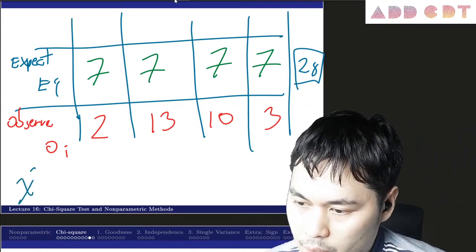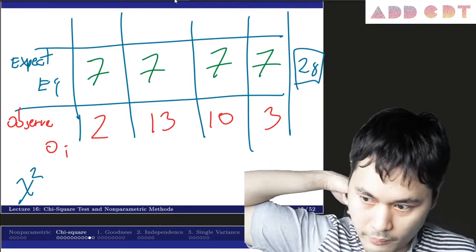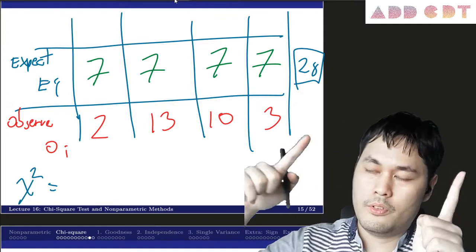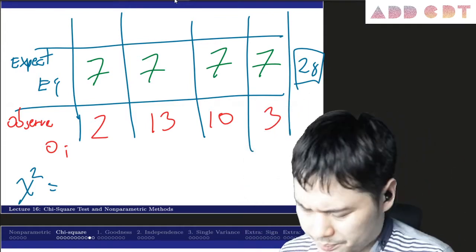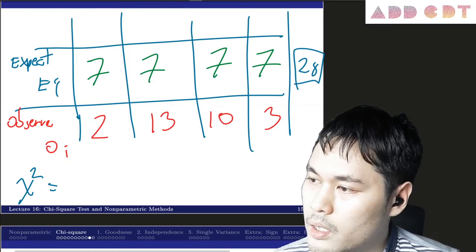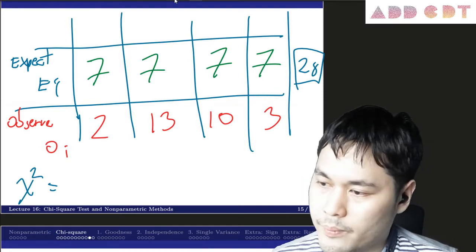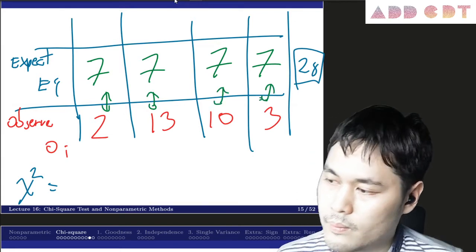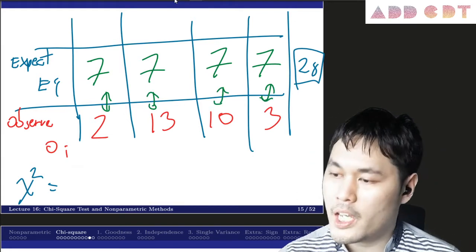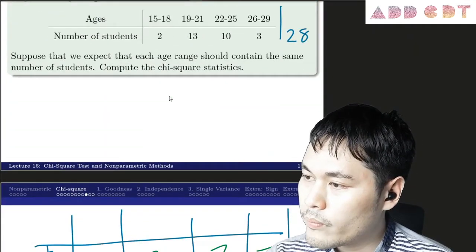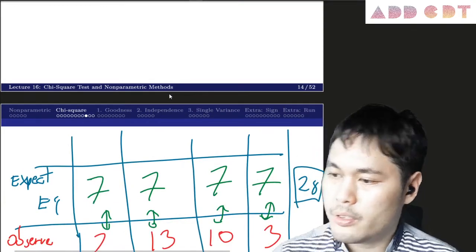So now we have to compute the chi-square. If you go back two or three slides before this one, we have to take the difference between these 2 values. You can see that in this case we don't care what the age ranges are, 15, 19, 22, 26.